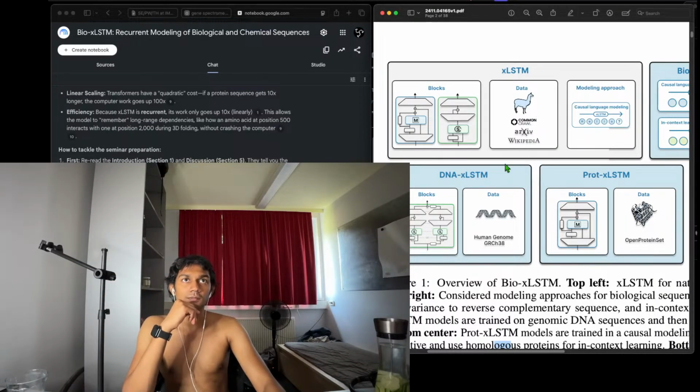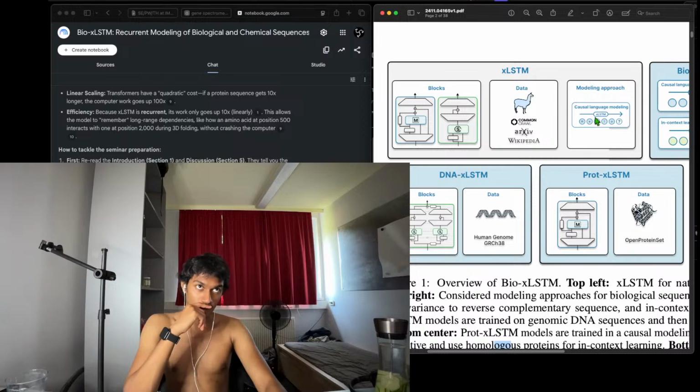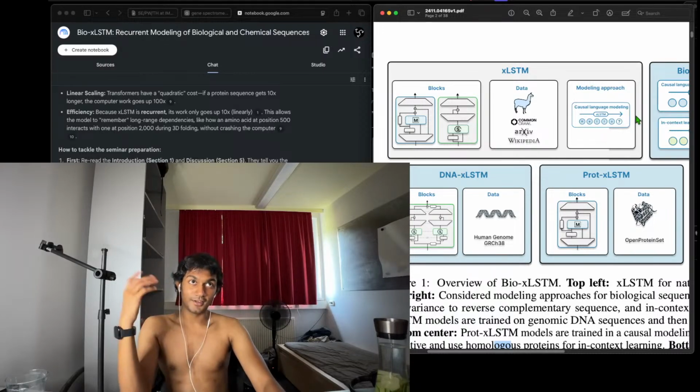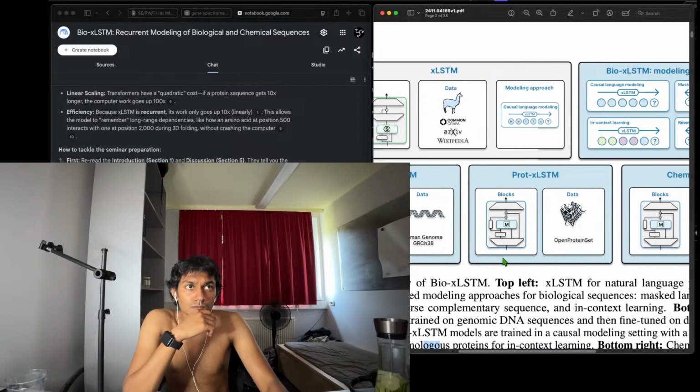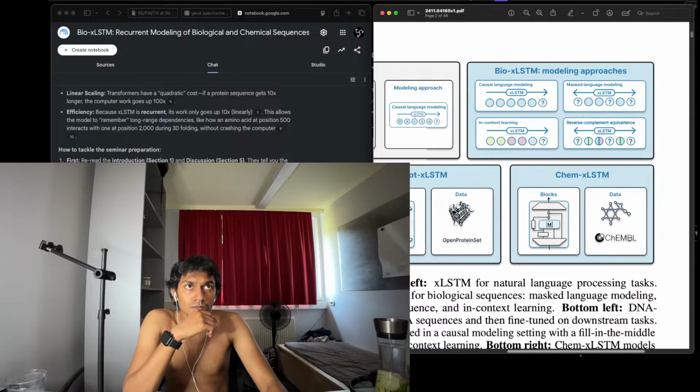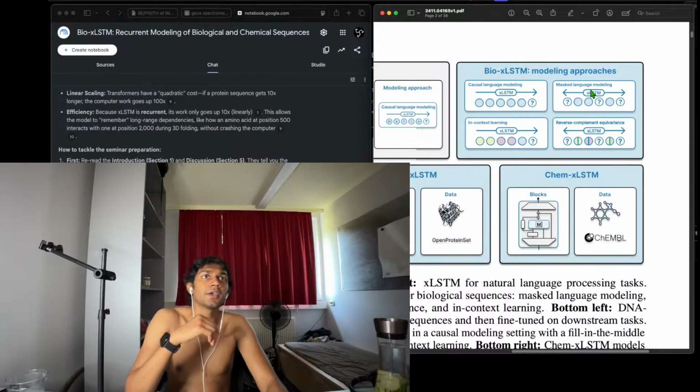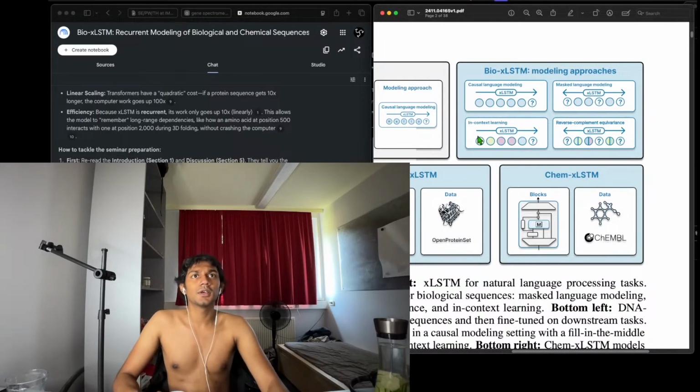So that's the data modeling approach. Casual language modeling. I don't know casual language modeling. What's this one? This one's something else, okay. Human genome, okay. Casual language modeling, masked language modeling, in context language modeling, reverse complement equivariance.